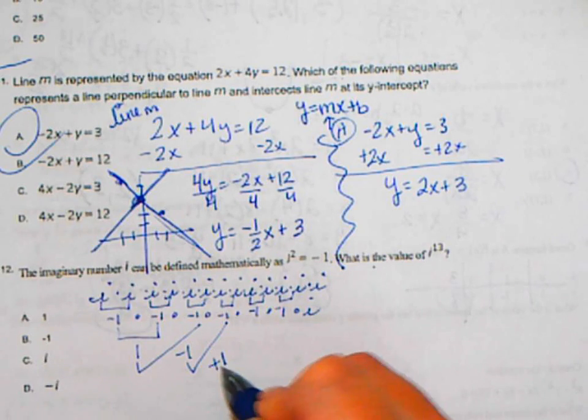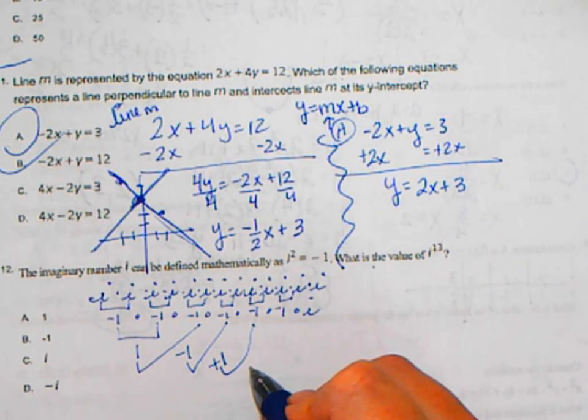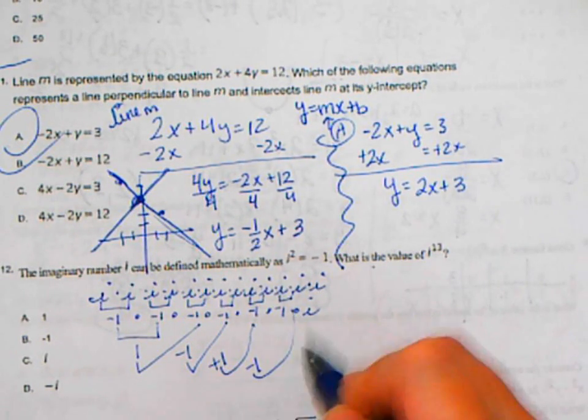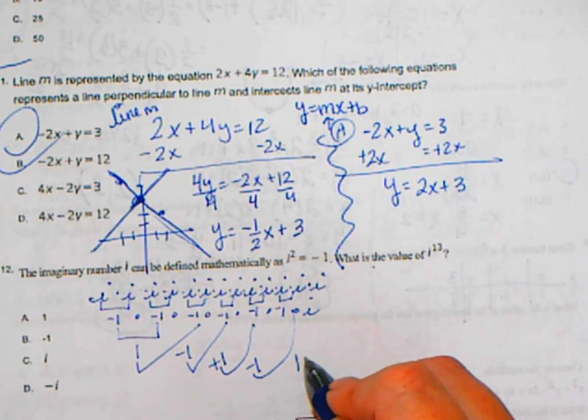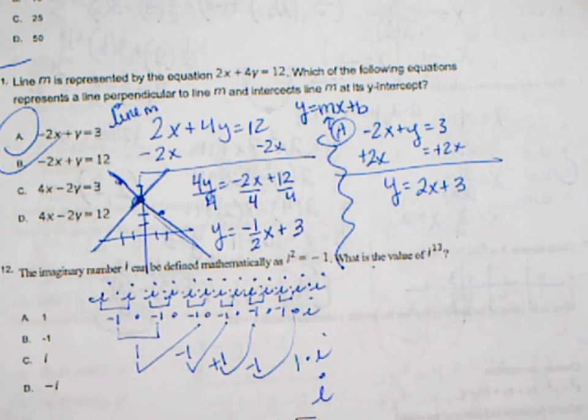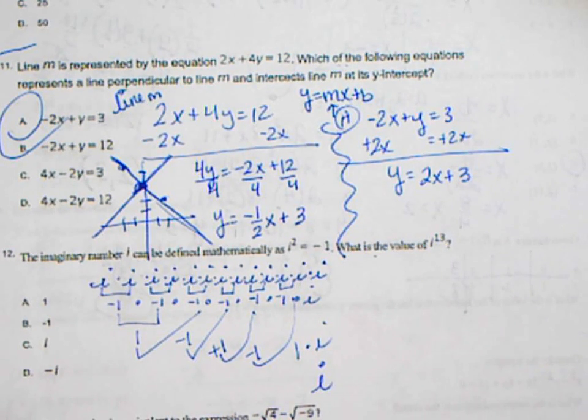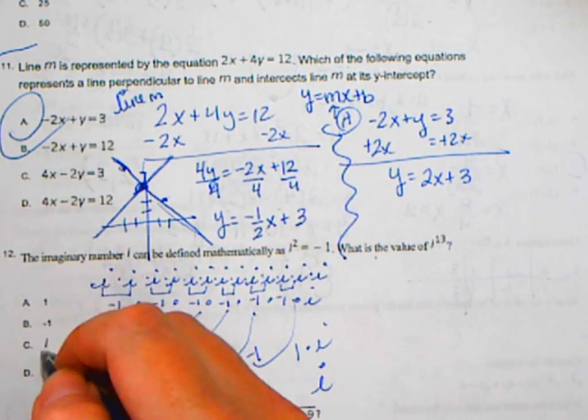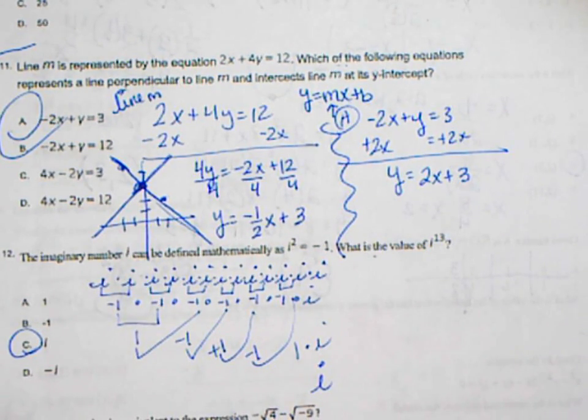Positive 1. Positive 1 times -1. -1. -1 times -1. Positive 1. Times i. What's 1 times i? i. All of that is i. Which is option C.